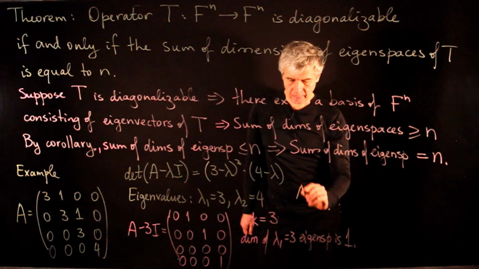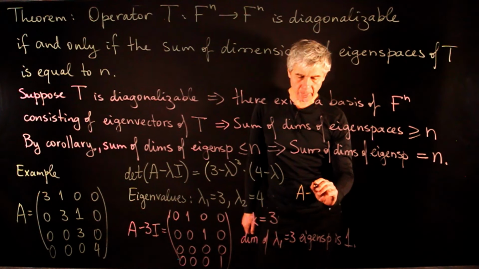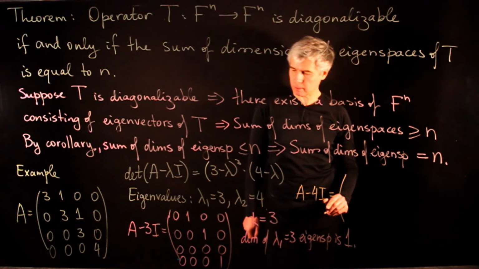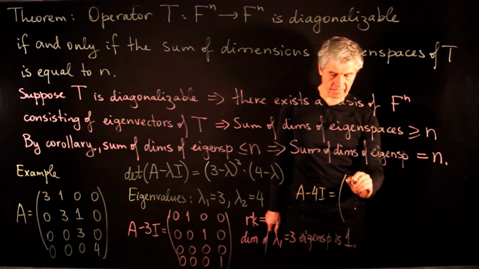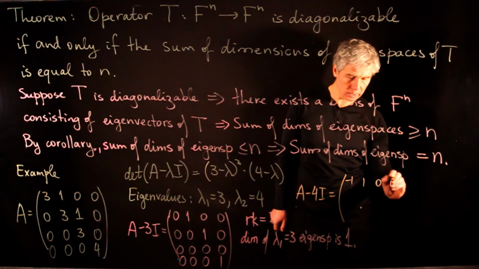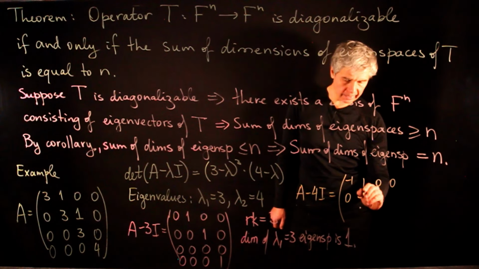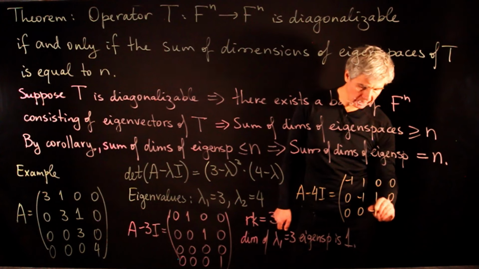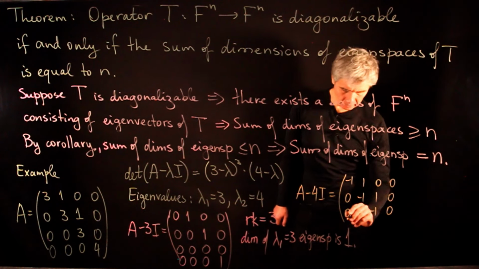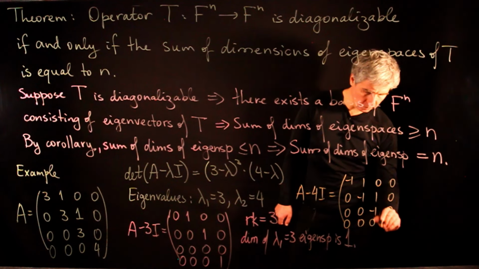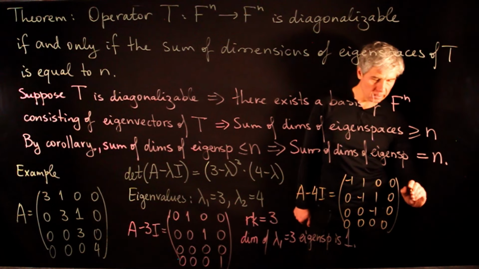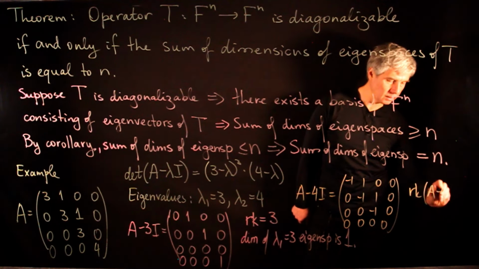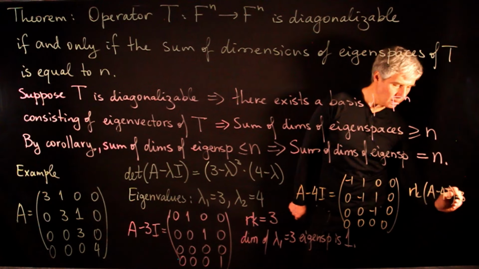Now, if we take the second eigenvalue and consider A minus 4I, then the matrix that we obtain is minus 1, 1, 0, 0, 0, minus 1, 1, 0, 0, 0, minus 1, 0, and 0, 0, 0, 0. And again, we see that the rank of this matrix is equal to 3.